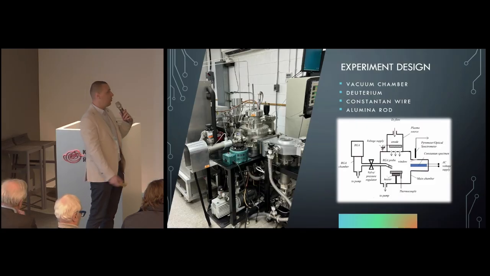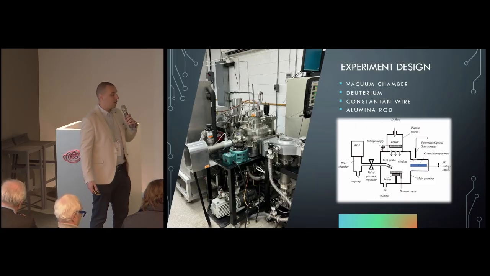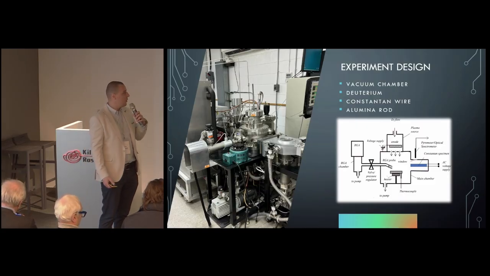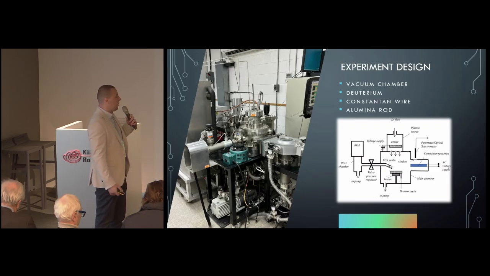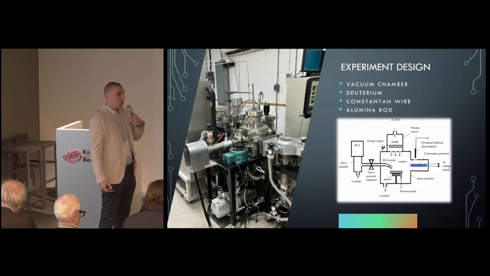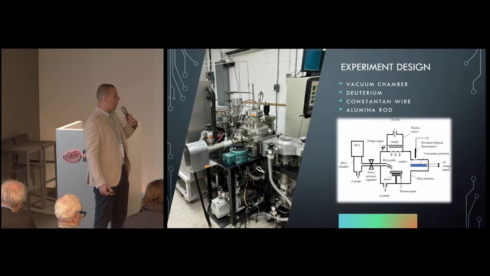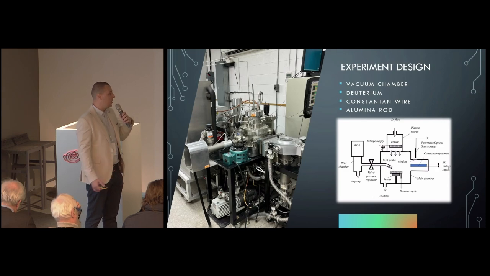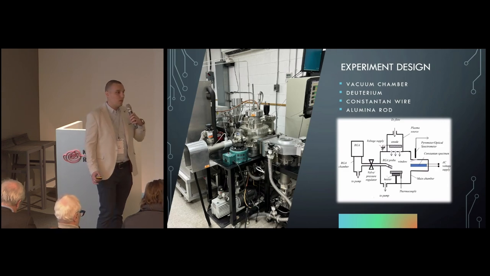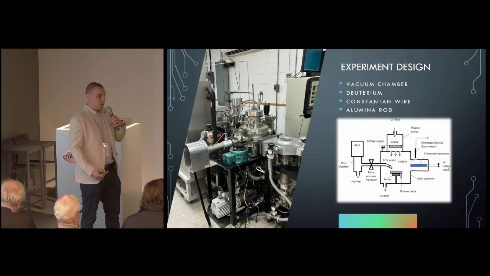In short, because Professor Alexandrov already showed the experimental design, but really quick: we have constantan wire wired around an aluminum rod. We use roughly the same diameter and the same length for the constantan wire to avoid confusion.